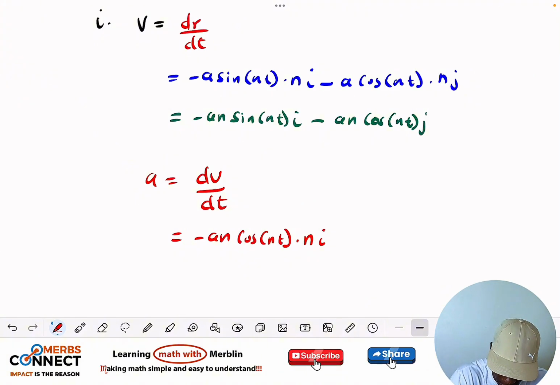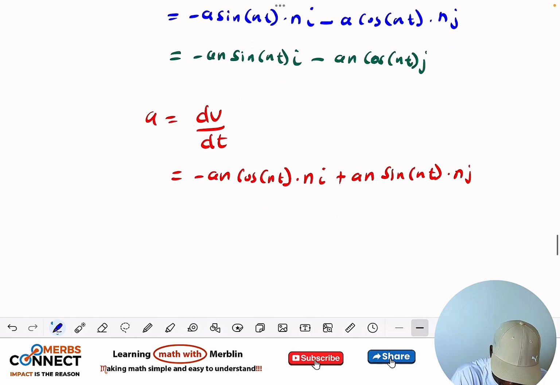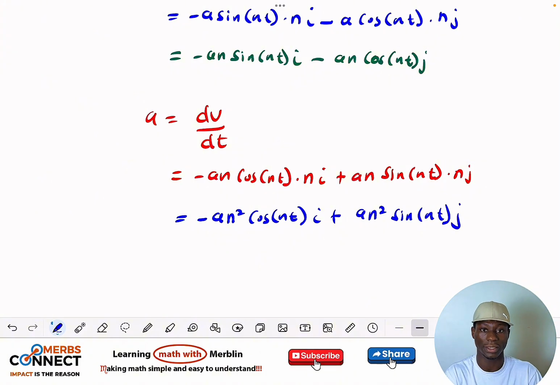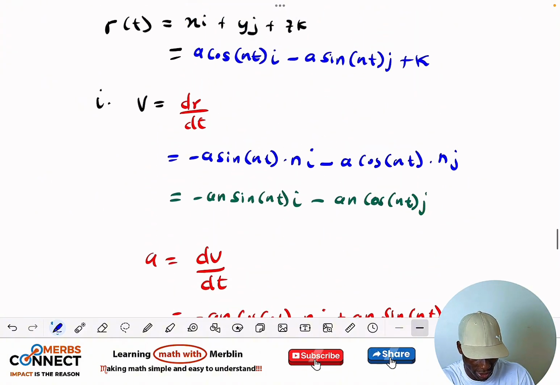So it makes it positive, an sine of this times n j. So when I simplify this, I'm going to have minus a n squared cos of nt i plus a n squared sine of nt j. So this is the acceleration when we differentiate it.